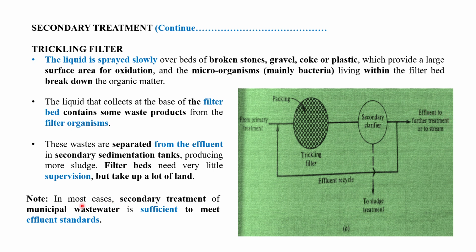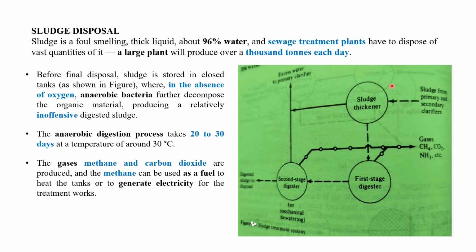In most cases, secondary treatment of municipal wastewater or sewage wastewater is sufficient to meet the effluent standard prescribed by the pollution control boards, so tertiary treatment is not needed. Normally, the primary and secondary treatments are provided for municipal wastewater treatment. But we shall also talk about the tertiary treatments in the next slides.